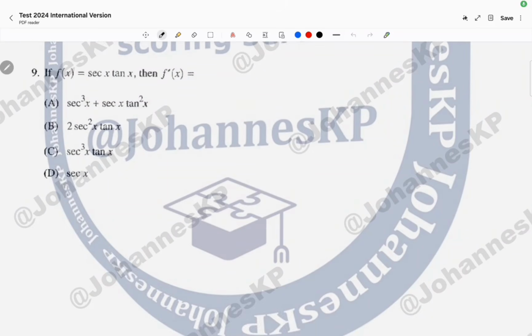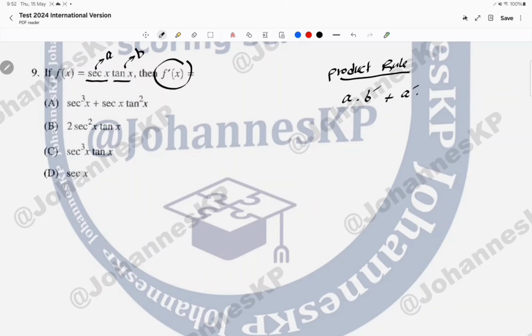So here we have secant x times tan x. Secant x is going to be the a term and tan x is going to be the b term. So they want the f prime. That means we have to use the product rule, which says a times b prime plus a prime times b. So a, and b prime is the derivative of tan, which is secant squared.